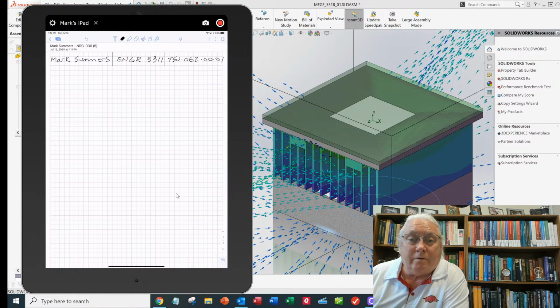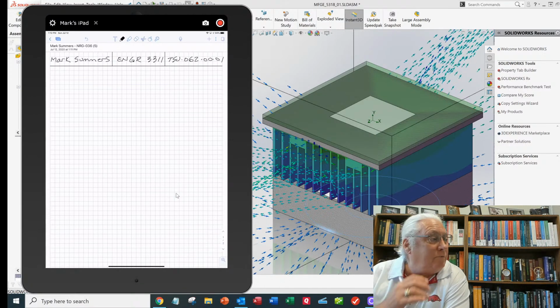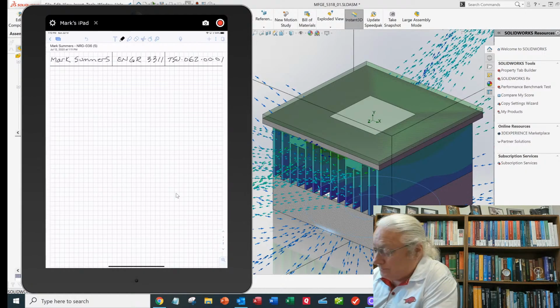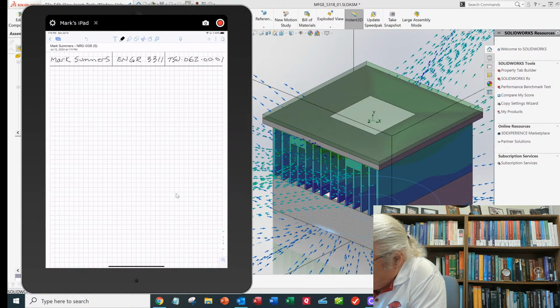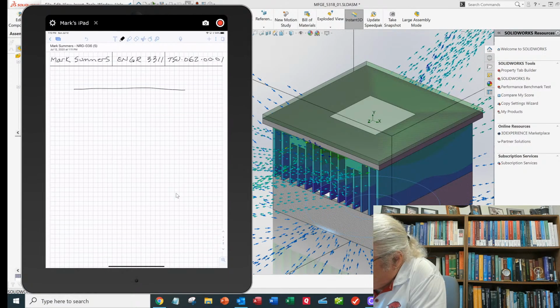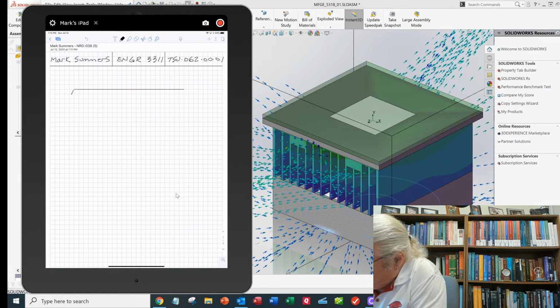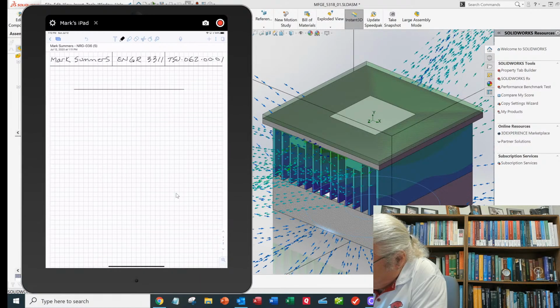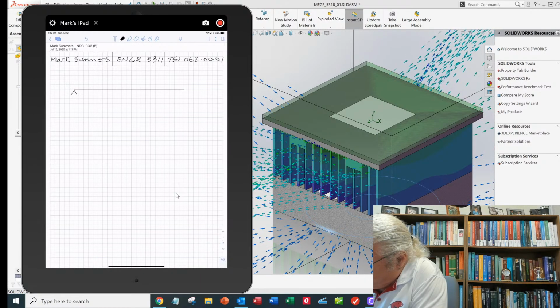Maybe we'll do a little equilibrium free body diagram and see if we can solve for our reactions here. So here's a simply supported beam.